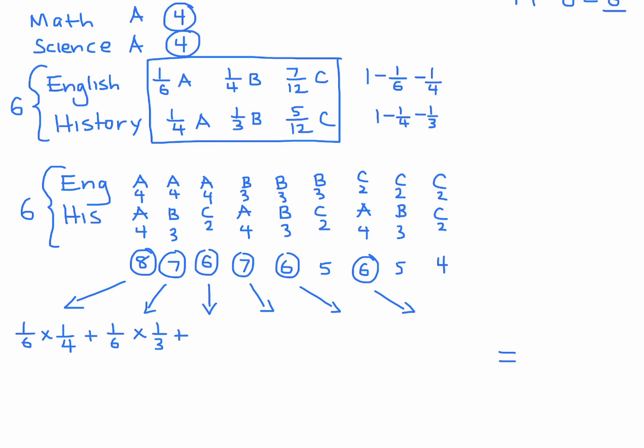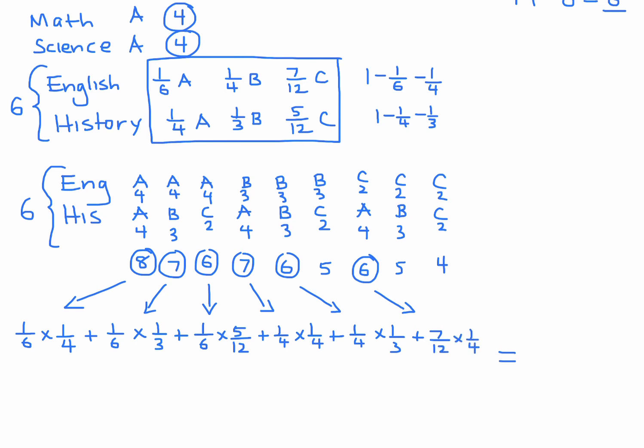The next one, an A and a C, is 1/6 times 5/12. The next one, a B and an A, is 1/4 times 1/4. And the next one is a B and a B, 1/4 times 1/3. And the last one is a C and an A, which is 7/12 times 1/4.